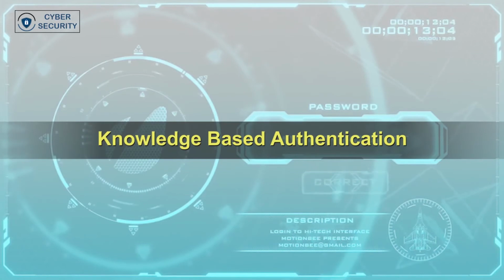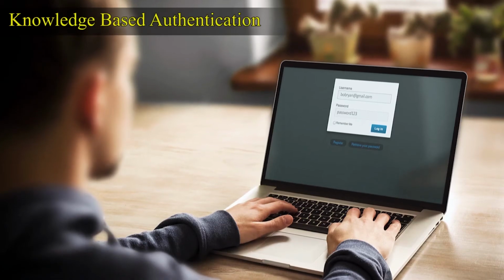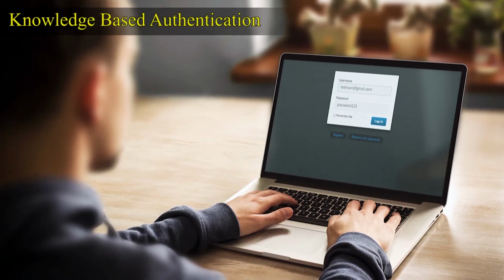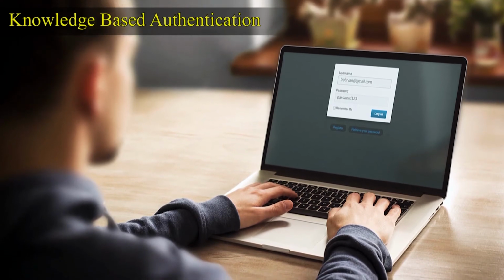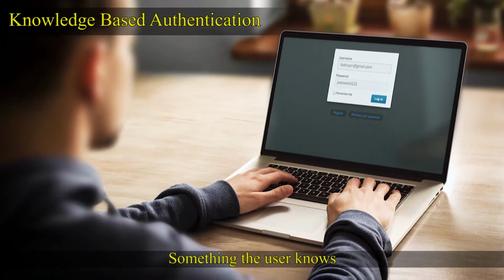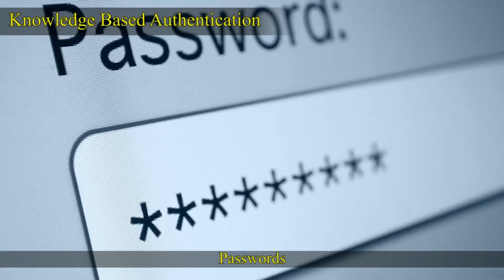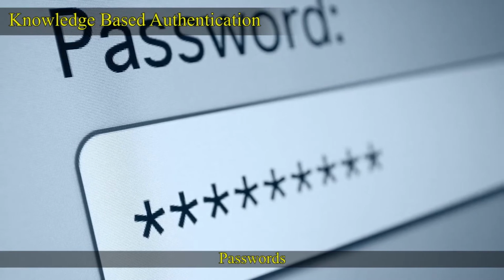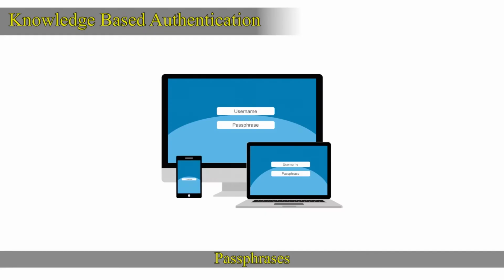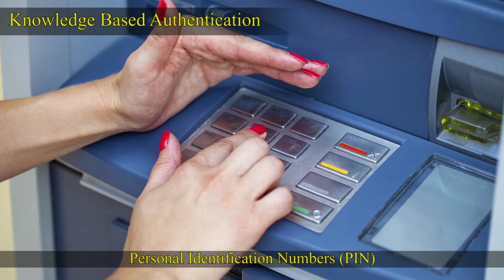The first one is knowledge-based authentication. It is a highly used type of authentication mechanism because knowledge-based authentication is based on something the user knows. Passwords come under this category. Passwords are widely used because they are simple, inexpensive, and portable. Other examples of this type are passphrases, graphical passwords, and personal identification numbers, in other words known as PINs.